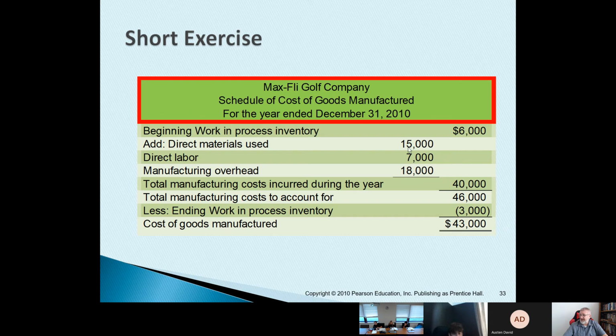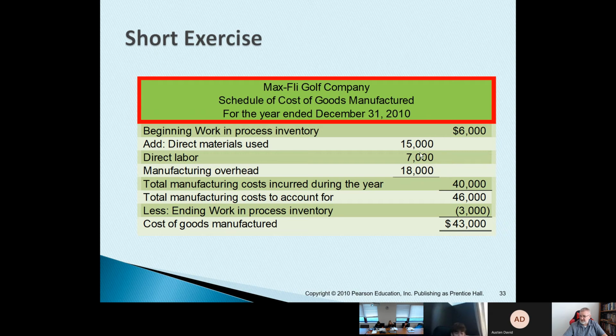We added $15,000 worth of direct material. That's the beginning raw material plus what we purchased minus what was left over. So this is the material that we actually used this month. We had $7,000 worth of labor and we had $18,000 worth of overhead.